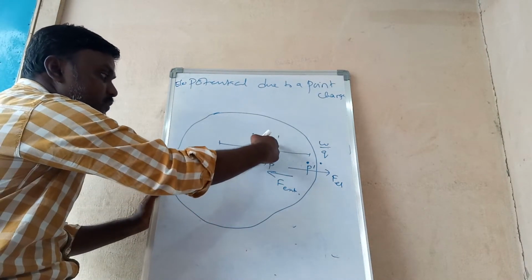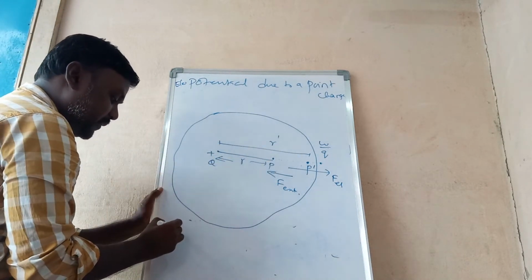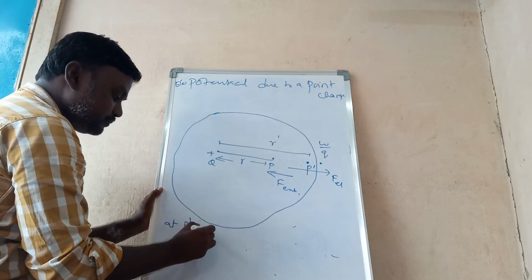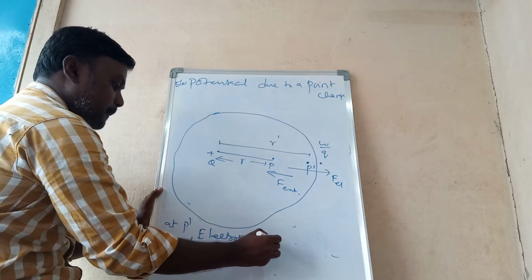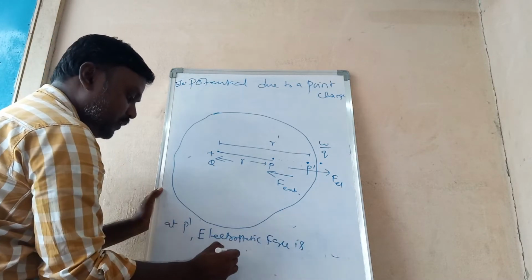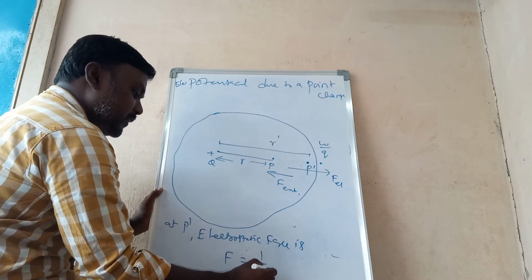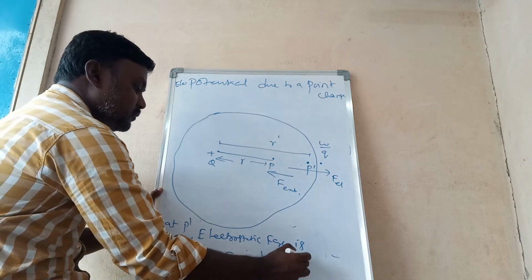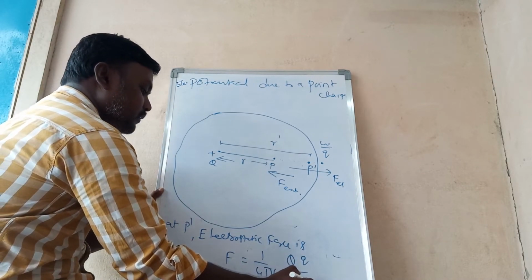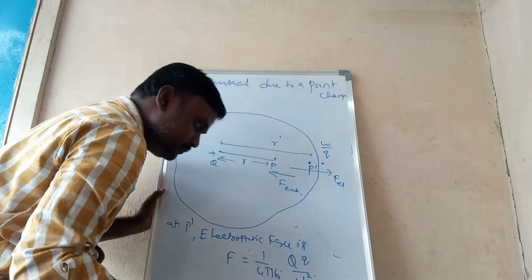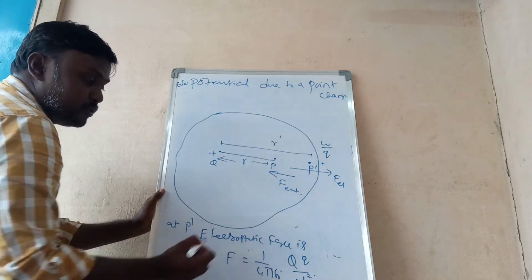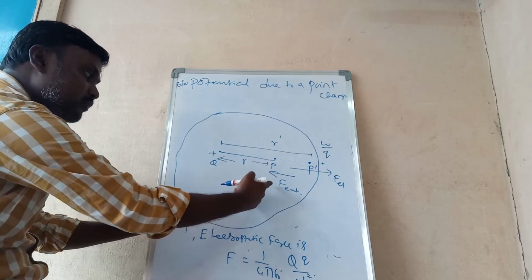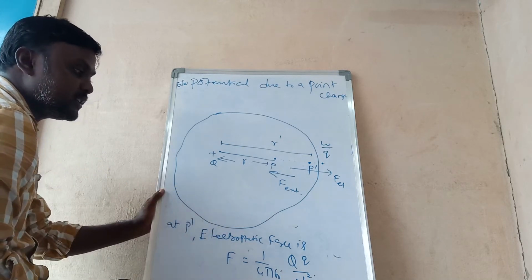At this point P dash, the electrostatic force, by Coulomb's law, is 1 by 4 pi epsilon naught q1 q2 by r square. But we have to calculate the work done by the external force.